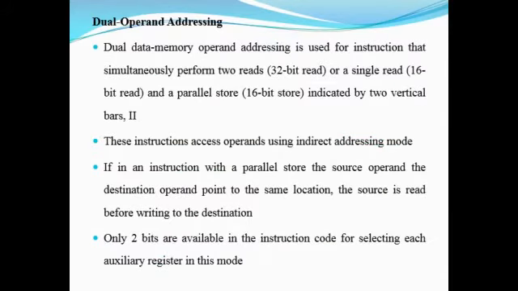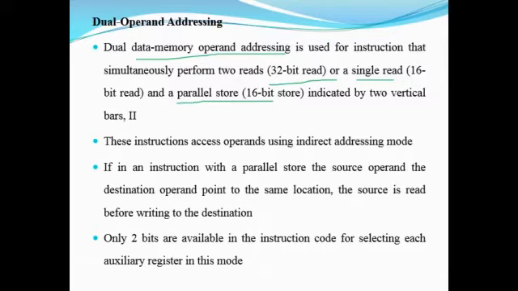Then dual operand addressing. Dual operand or dual memory addressing is used for instructions that perform two operations simultaneously. One is a 32-bit read or a single read, which is a 16-bit read, and a parallel store. So reading and storing, two different operations performed simultaneously.